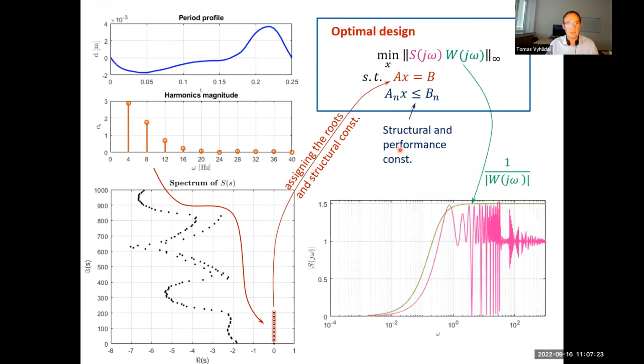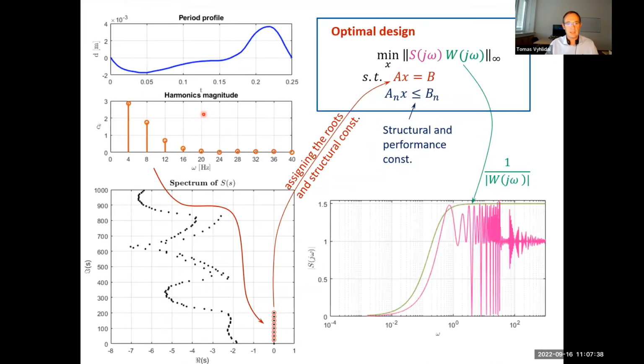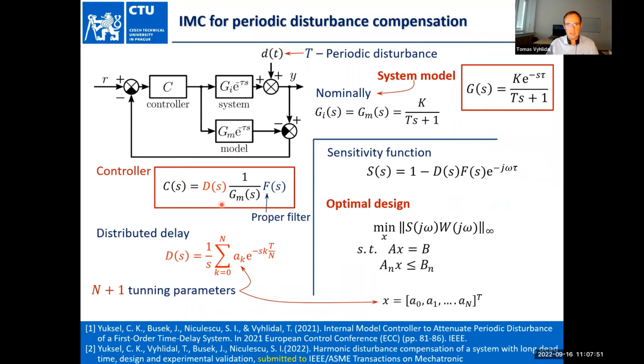As you can see here, as a reference for the disturbance we use a sawtooth signal, which is a bit filtered by the PD loop, but still looking at the spectrum of the periodic signal, we have 4 dominant frequencies. So we use a similar approach.